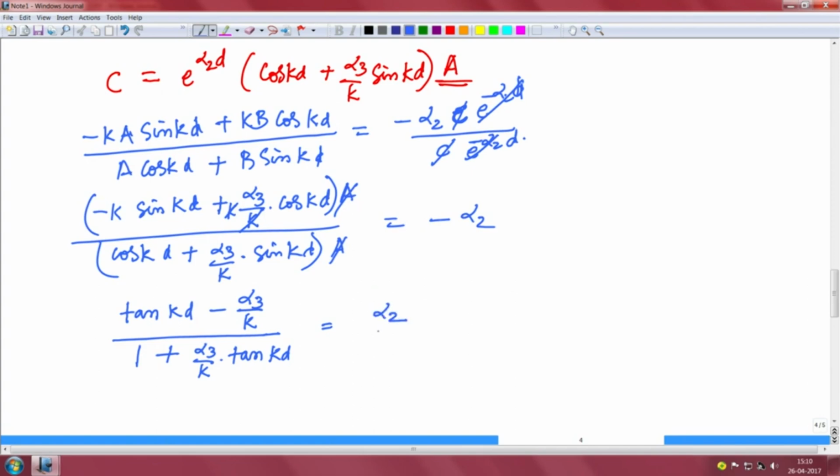So, alpha 2 by k. Let me represent this factor and this factor in terms of tan functions. Let me define phi 2 equals tan alpha 2 by k, and phi 3, this factor, alpha 3 by k, or the other way.